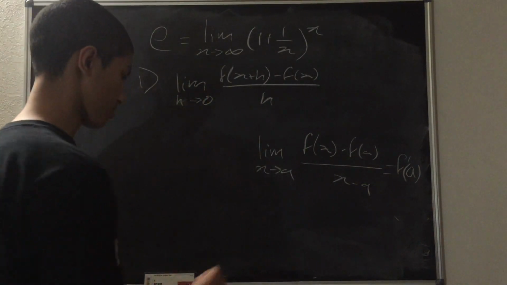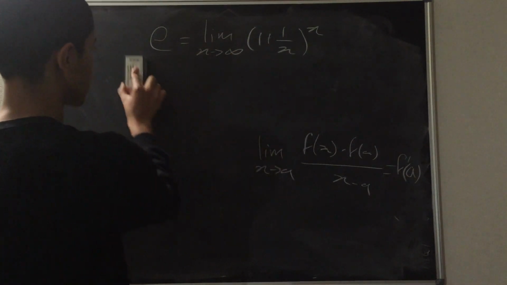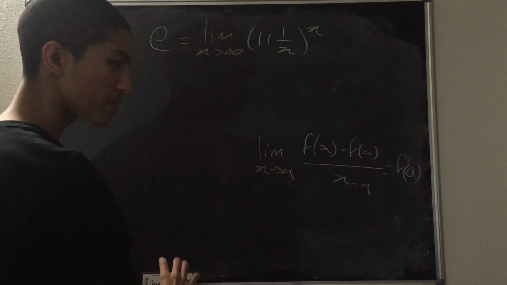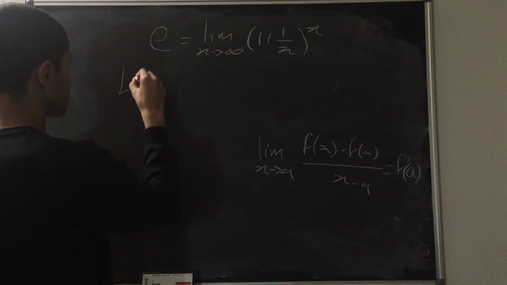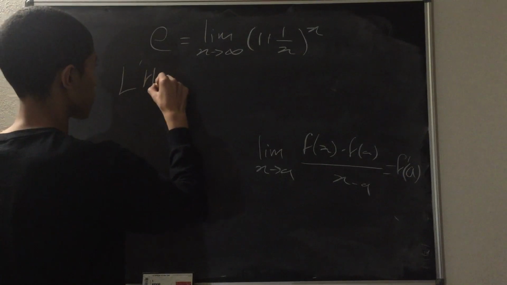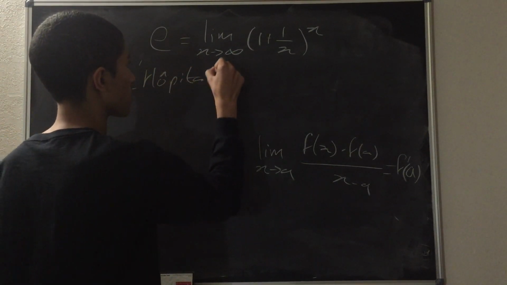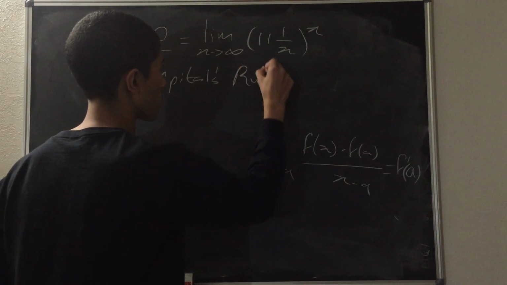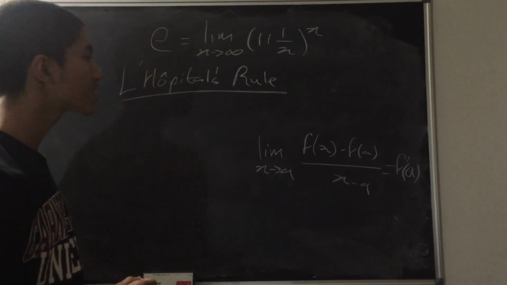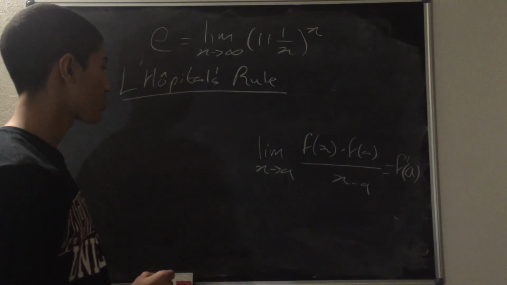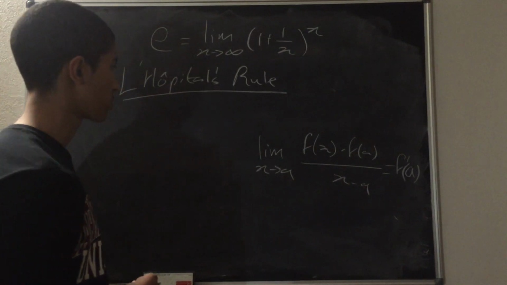Now, I will talk about my second calculus concept, which is something called L'Hopital's rule. And it's a French name. This rule enables us to solve limits that have really weird solutions.